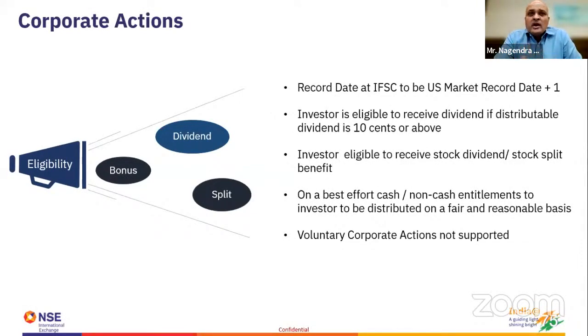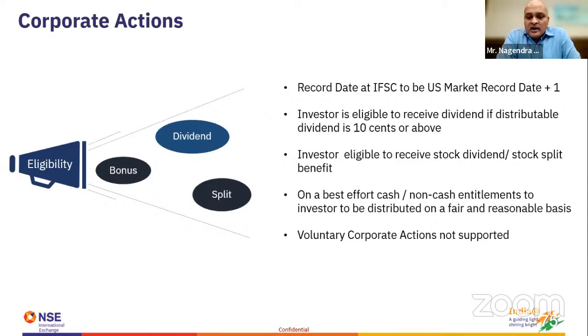And since we are going to do a DR ratio, so for Amazon, if it is 1/200, and if somebody pays only 50 cents, and if I have to further break that 50 cents into 200 units, the amount which is going to come is minuscule. So we have put a cutoff of 10 cents. If it is 10 cents and above, we will credit the investor. Otherwise, we will credit the investor protection fund.